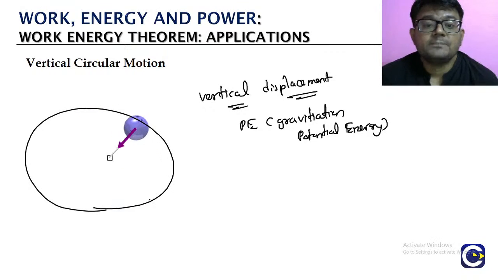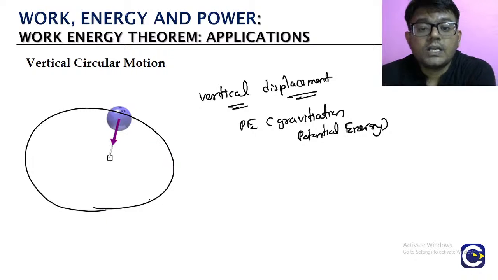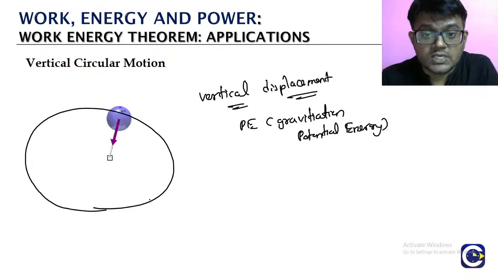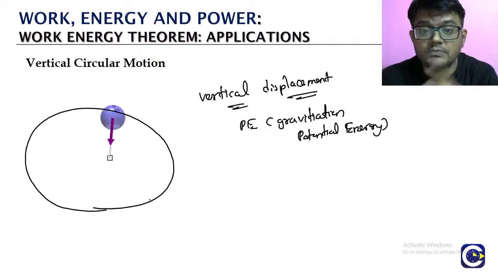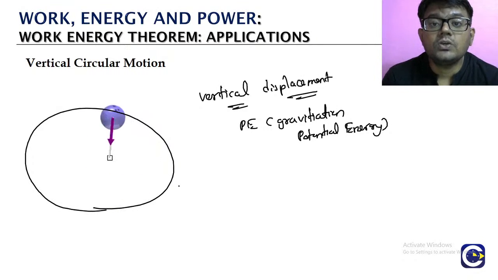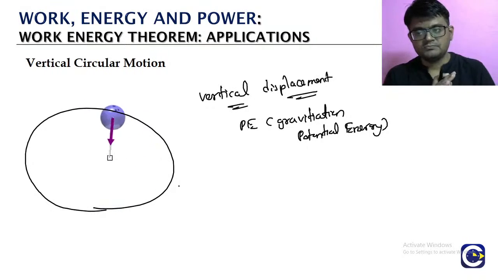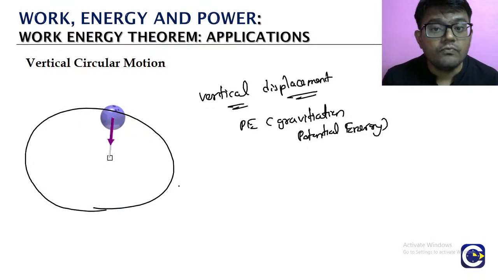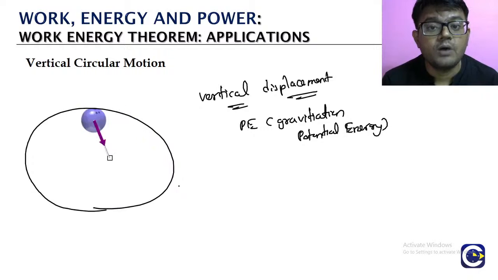So we see that in the case of vertical circular motion, the velocity of the object in the circular path will keep changing. Then comes the question, can we call it uniform circular motion? Remember, we can say a circular motion is uniform when the speed, or the magnitude of the velocity, remains the same throughout the circle.